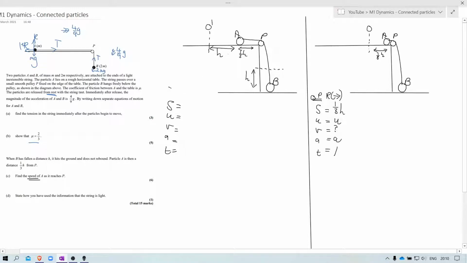From O prime to A, we want to find the velocity when it reaches A. So it will have velocity U at O prime, it will have velocity V at A. The distance it's travelled to go from O to A is h. Initial velocity is 0. Final velocity, I said that's what we want to try and work out.